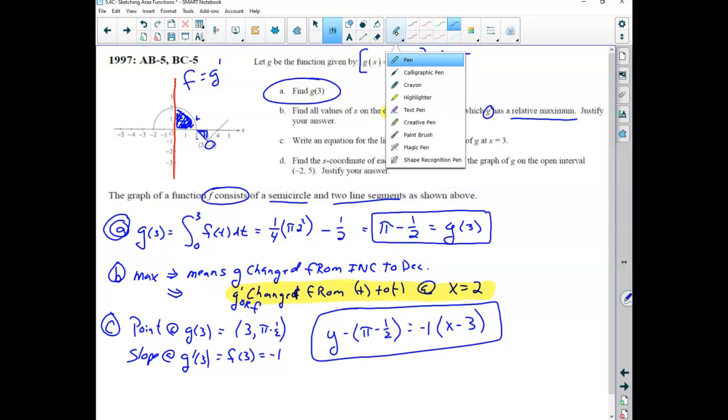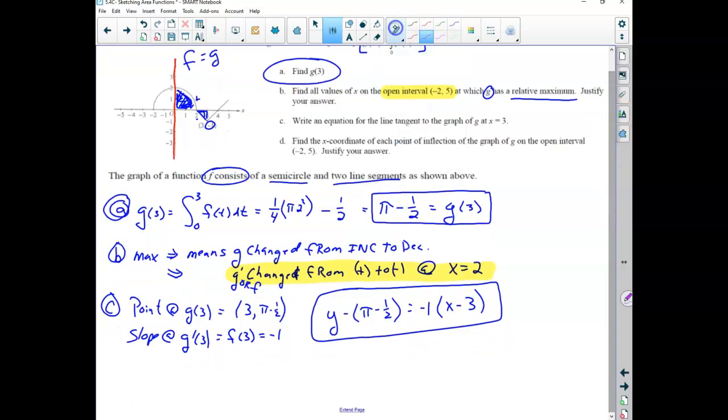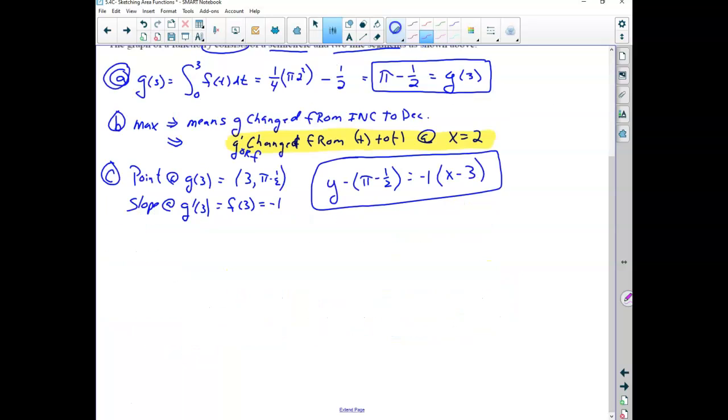Well, let's think of this. Okay, we kind of gotta go backwards here. I'm not going to say I got to go backwards, but if I need a point of inflection on G, what does that mean?